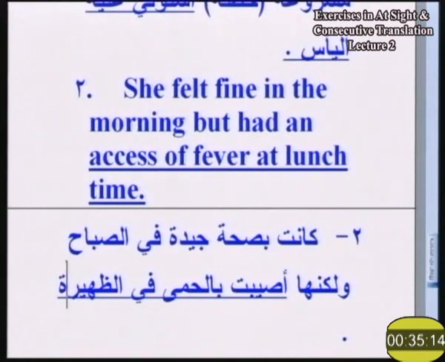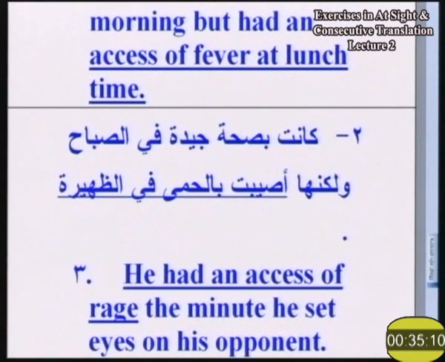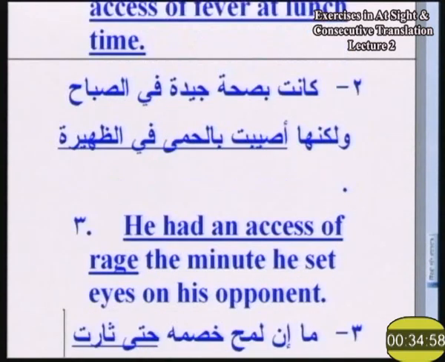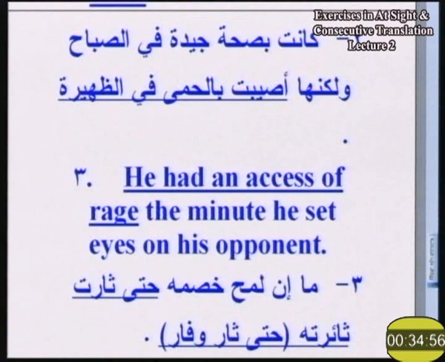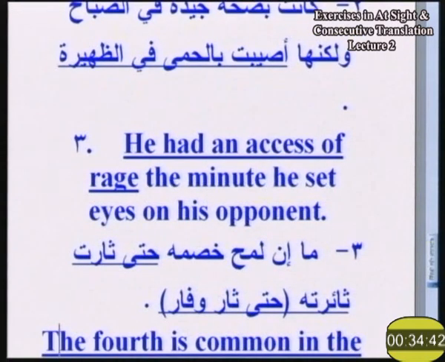So catching a fever. أصيبت بالحمى. Number 3, he had an access of rage. Feeling very much angry. He had an access of rage the minute he set eyes on his opponent, his enemy. ما إن لمح خصمه حتى ثارت ثائرته أو حتى ثار وفار, which is a classical expression in Arabic.